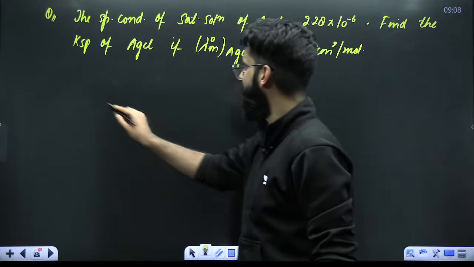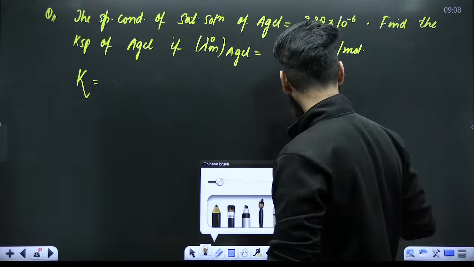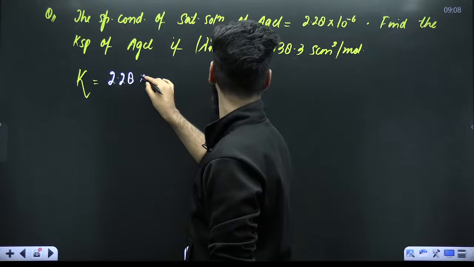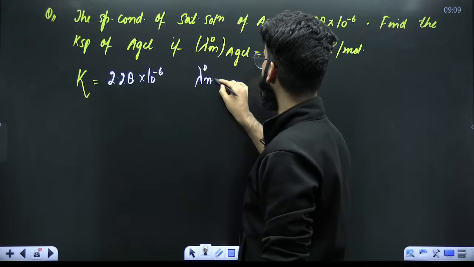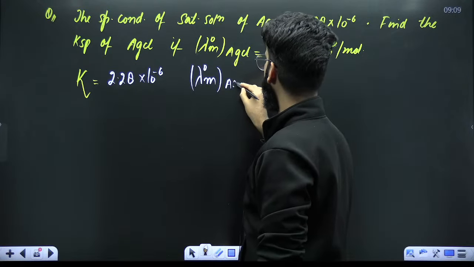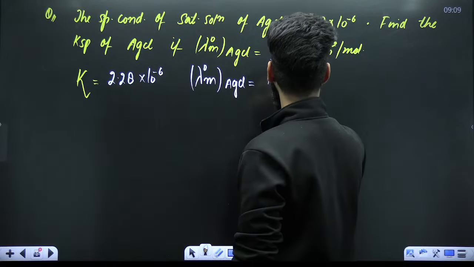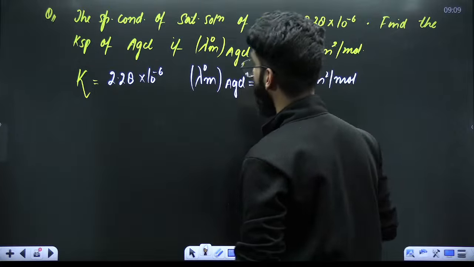Well, my dear students, conductivity kappa value is given to us. Conductivity of AgCl is given to us. How much is that? I'm just writing the value 2.28 × 10^-6, right? At the same time, molar conductivity at infinite dilution for this saturated solution of AgCl is 138.3 Siemens centimeter square per mole. What am I supposed to calculate? KSP.